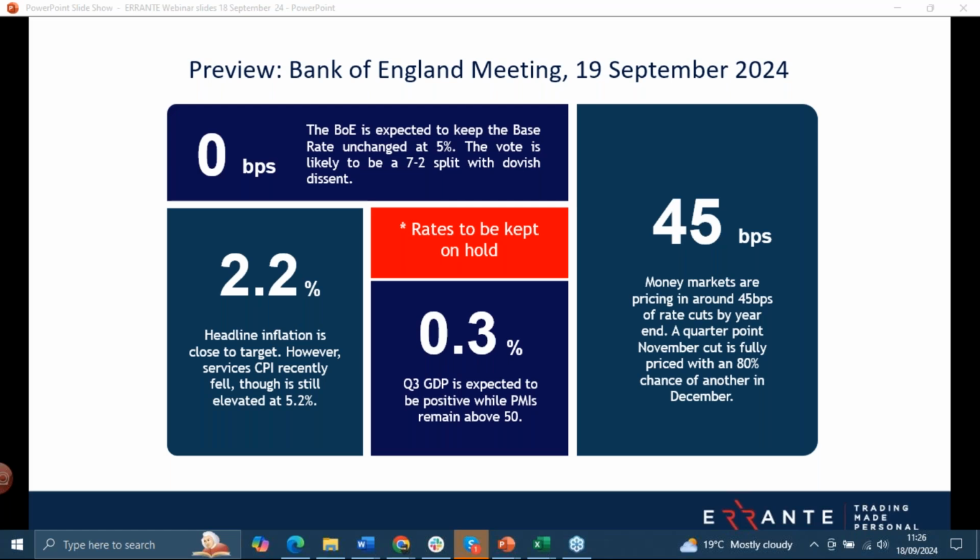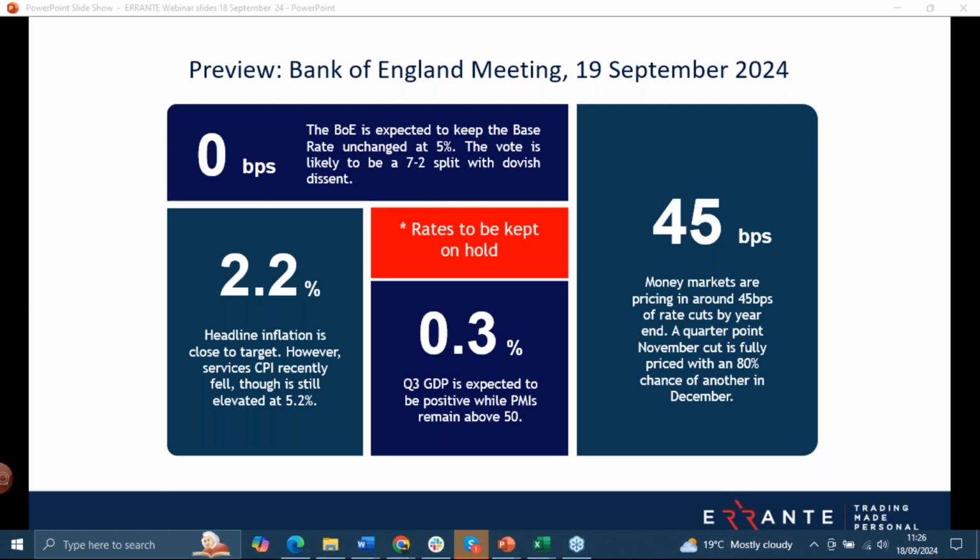And then we had today's inflation data. The headline stayed steady at 2.2%, so it rebounded from 2% in July and stayed steady at 2.2 this time. The core did edge up, one tenth higher than expected, to 3.6% from 3.5%. And then crucially for policymakers, the services inflation number is the key number.